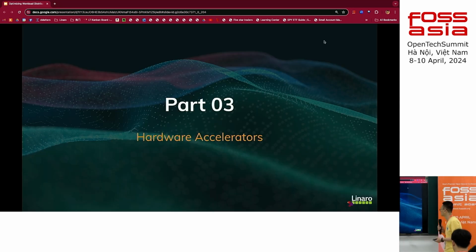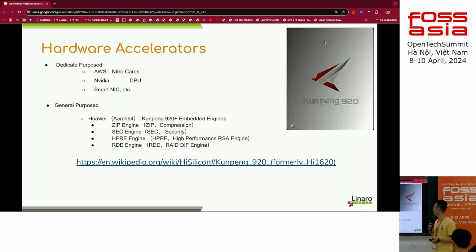Okay, so now let's go to the hardware accelerator. Hardware accelerators are another solution. We know that sometimes CPU frequency and capability reach a limit, so there is a chance that we use specific hardware to do specific computations.